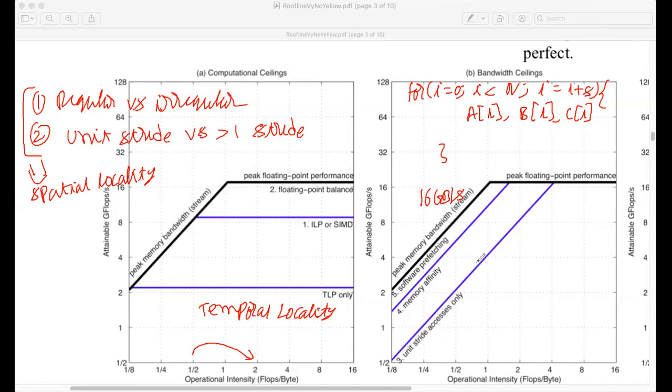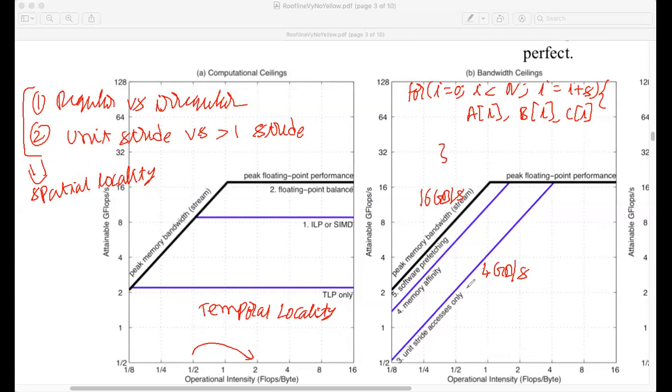Let's say we can get maybe this 4 GB per second line. The original program's memory access patterns are not good. You reworked your code, and now it has a unit stride.